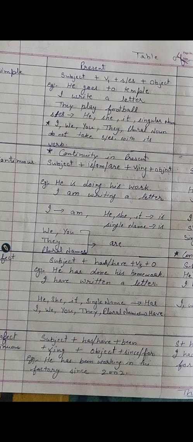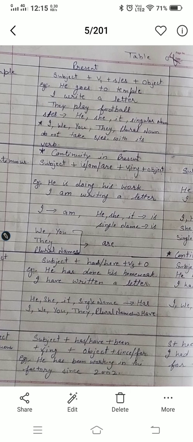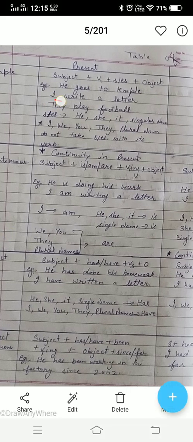Then we have second example like I write a letter. They play football. You have noticed when we use he, with he we have used es with verb. When we use I, with I we have used only first form.